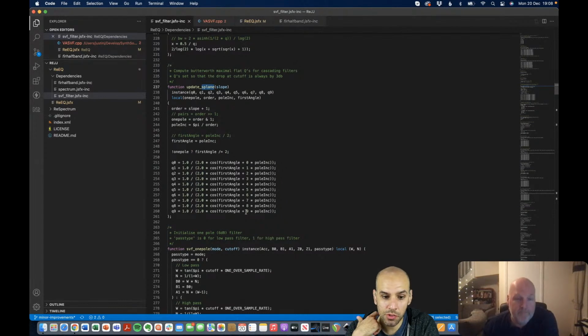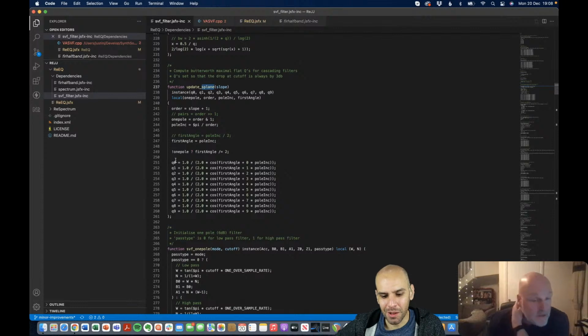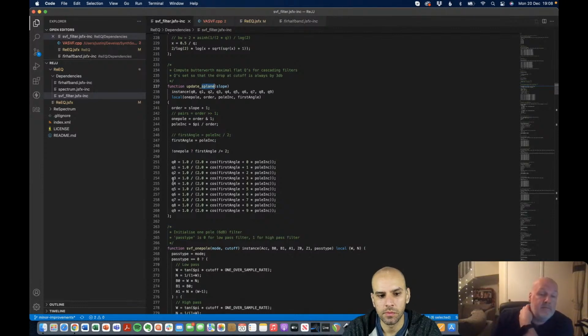But the hard problem here is how to go from the position of the pole in the circle to coefficients that you can use in the SVF filter. I guess that's the tricky part that you figured out, or that this person writing this web page figured out. Yeah, exactly. This is what we're seeing here.